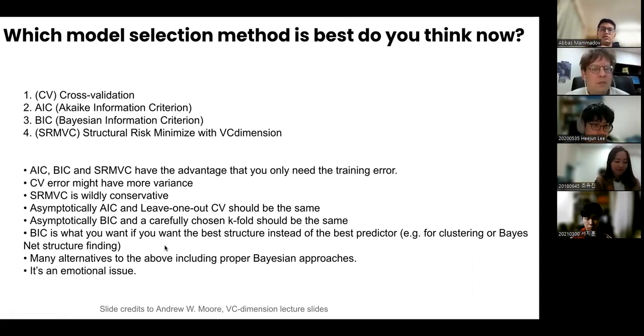But in case we want the best predictor, without considering the training error, cross-validation is also good. In case we only need the training error, then VC dimensionality can be considered the best. But there are many alternatives to those, and it highly depends on you, your model, and your task as well.